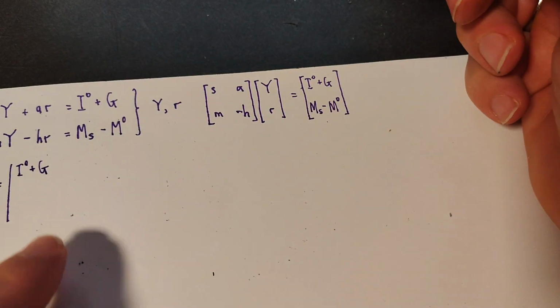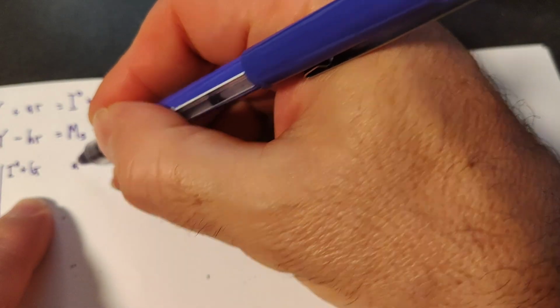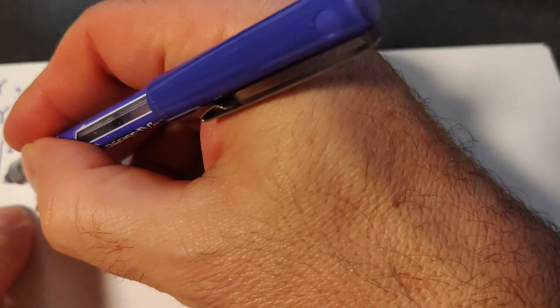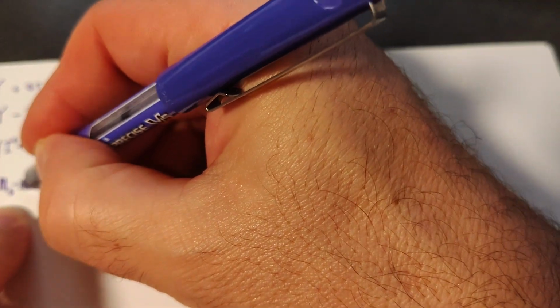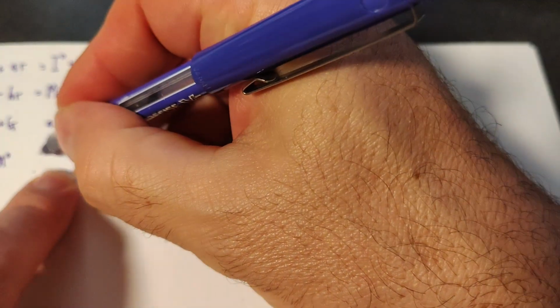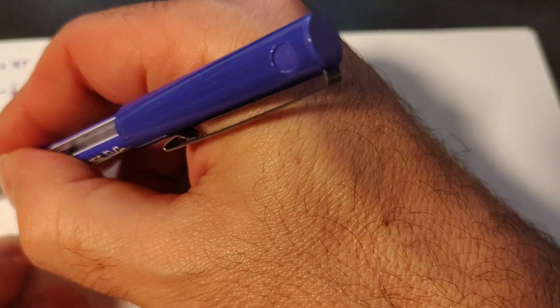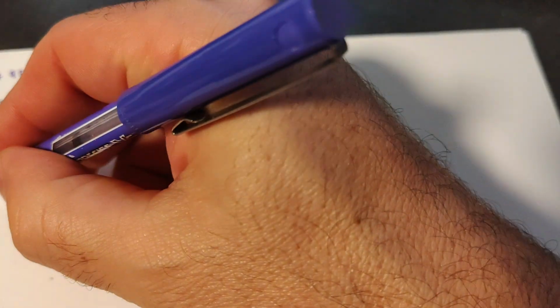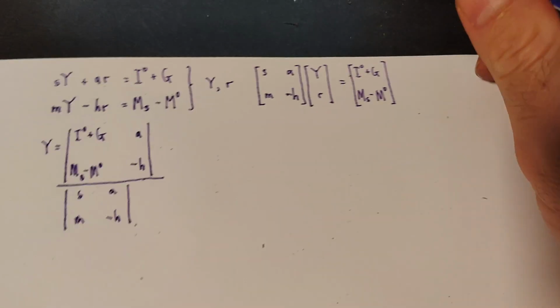We're going to have I naught plus G as the first entry, and then we're going to have A, and then we're going to have MS minus M naught, and then we're going to have negative H. And we're going to divide that by the determinant of S, A, M, negative H. Okay?